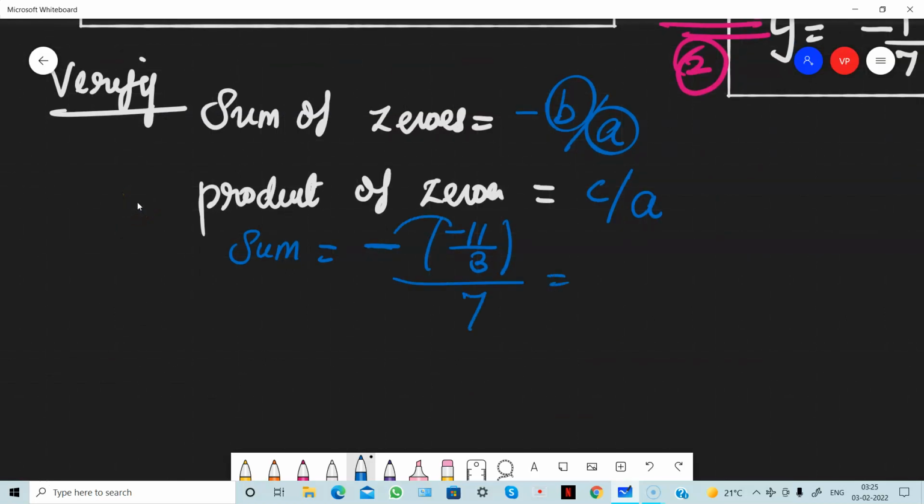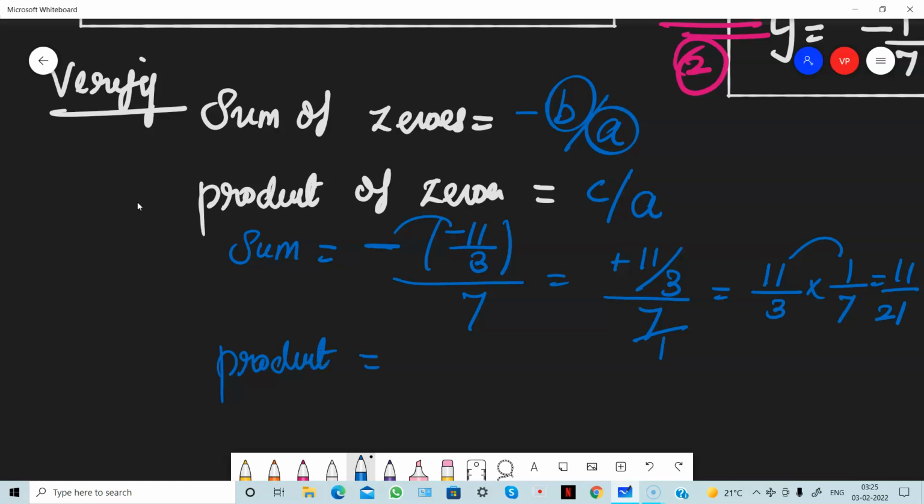So negative into negative it is positive. 11 by 3 by 7. So what is the next step? Write this numerator as it is. This is 7 by 1. Just take the reciprocal, 1 by 7. So just multiply. 11 by 21. This is the sum.